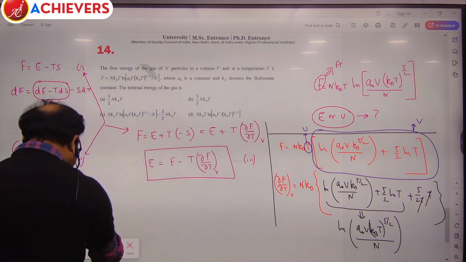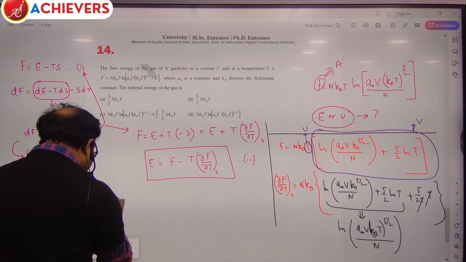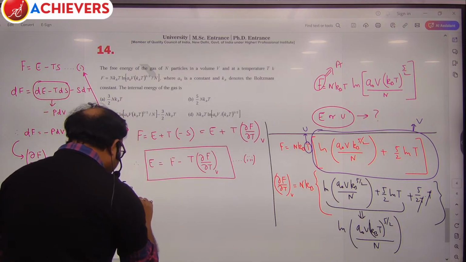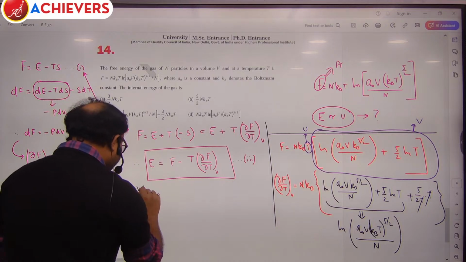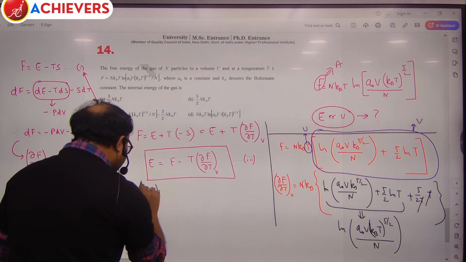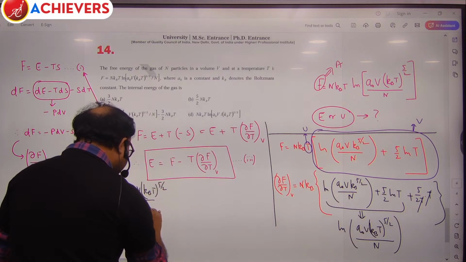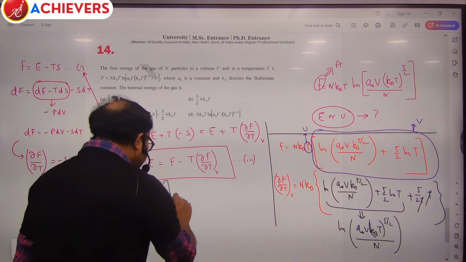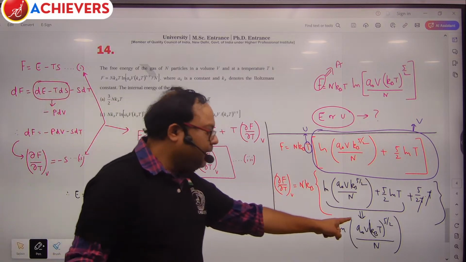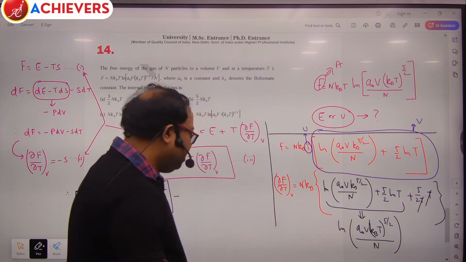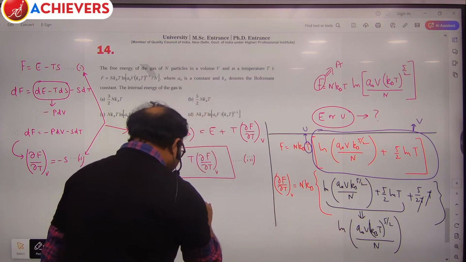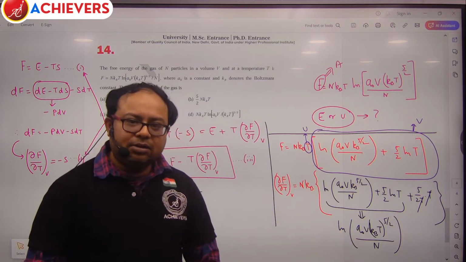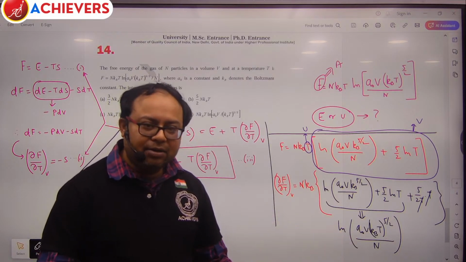F is N kBT ln A0 V kBT to the power 5 by 2 divided by N, minus T multiplied by this parameter. N kBT is multiplied with this parameter, and let's remove the bracket.